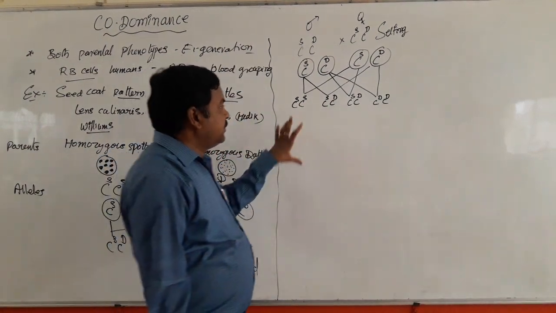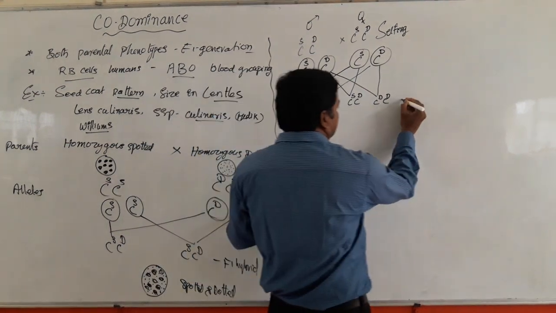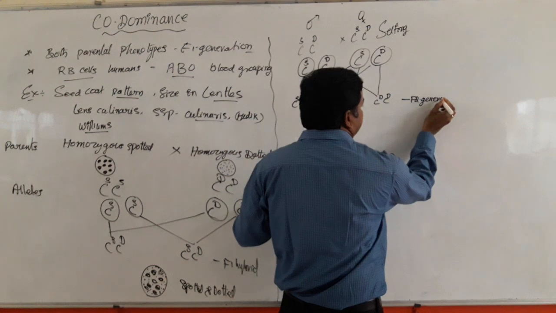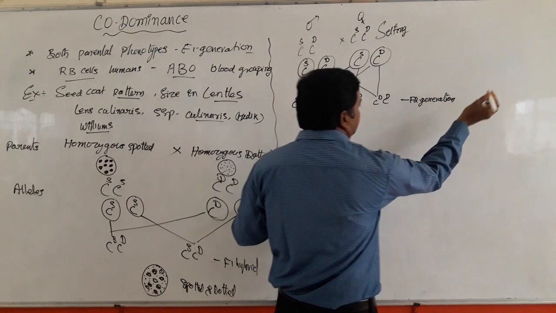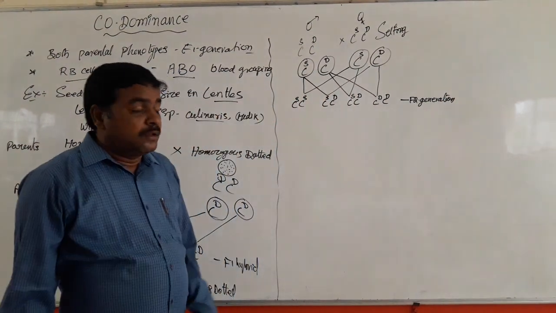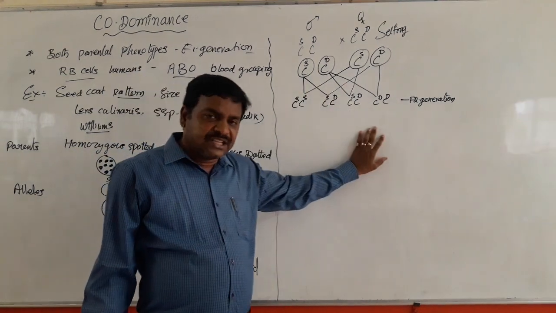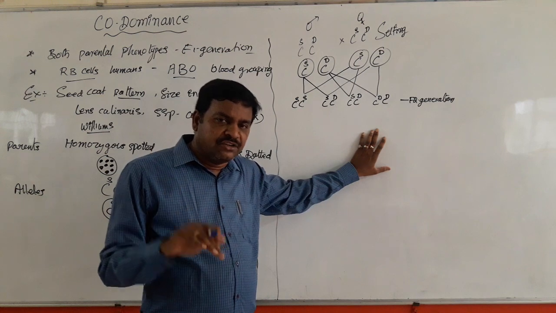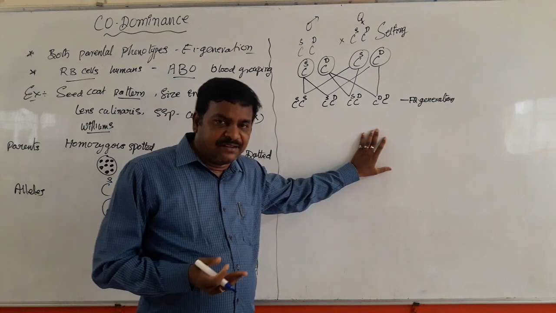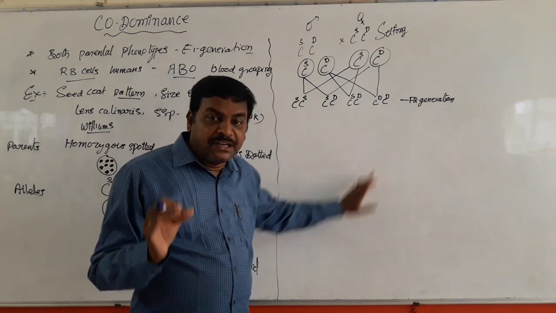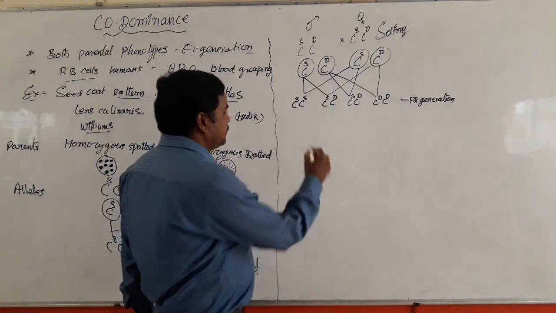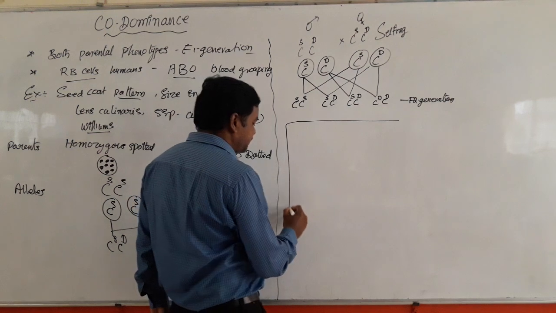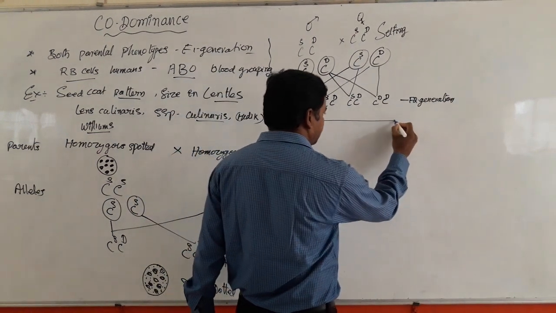This is the F2 generation. The combination of these gametes, the formation of progeny, and their phenotypes and genotypes can be explained using a Punnett square like this. This is a Punnett square that explains the combination of these gametes.